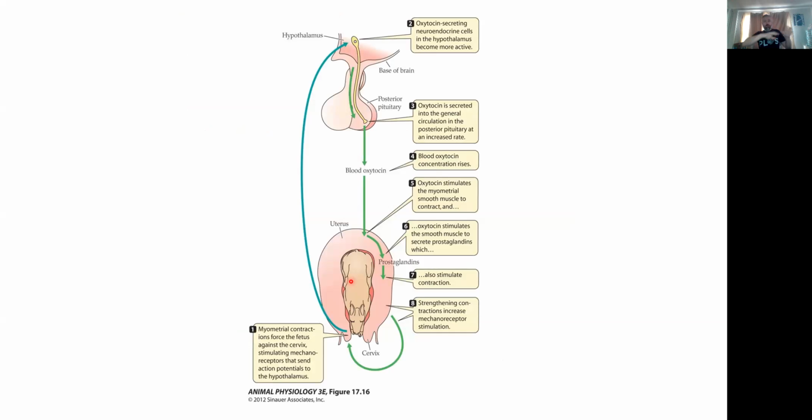Now, as we move on, we continue through our process of pregnancy. Eventually, kids got to come out. We eventually have to get through this whole process, which we're going to call parturition. Again, you'll have to bear with me as I draw this. Parturition.